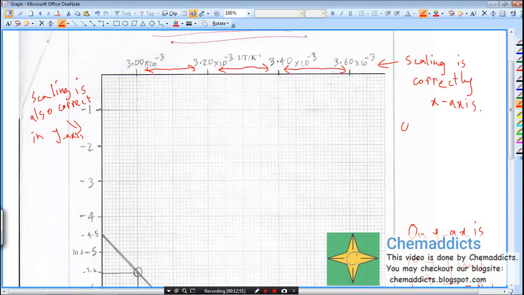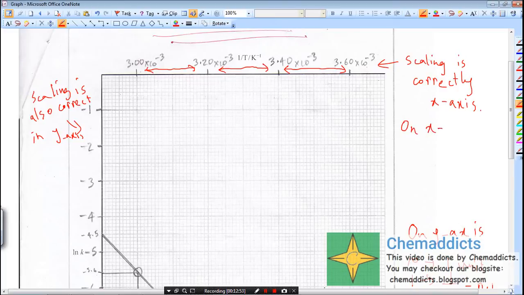So on the x-axis, I'm just making your plotting easier, don't need to worry. 10 boxes represents 0.1 unit.